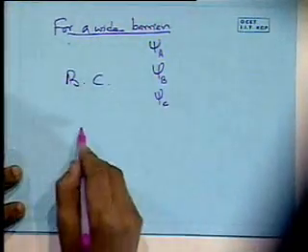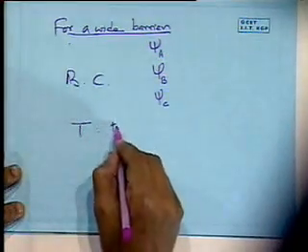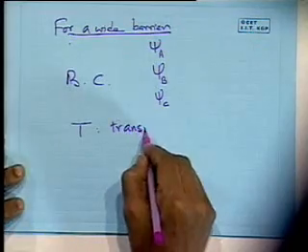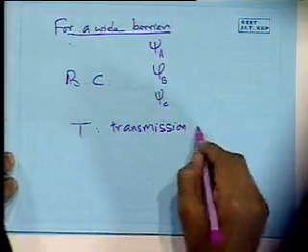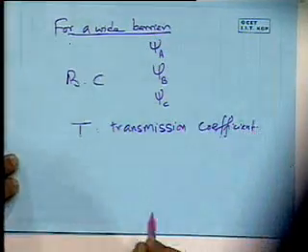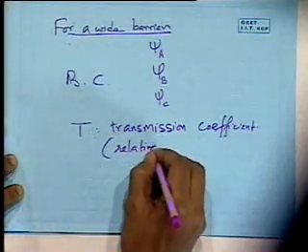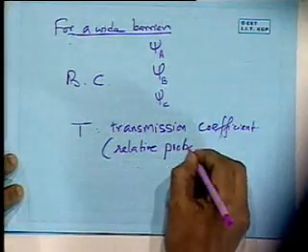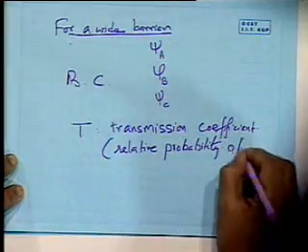And from the solution we can get that T, which is known as the transmission coefficient, which is the relative probability of the electron tunneling through.